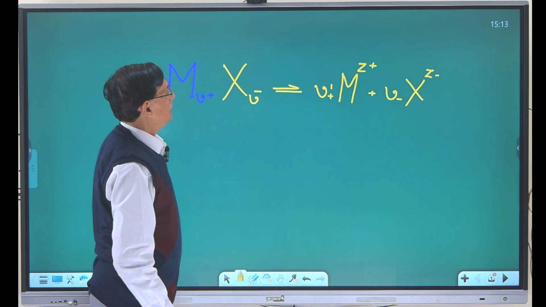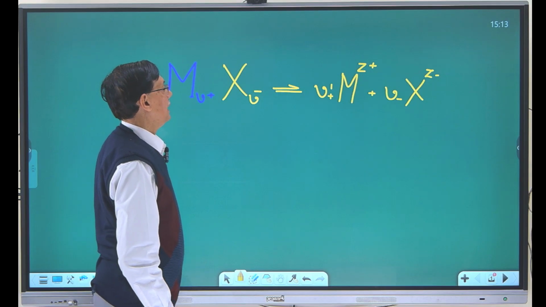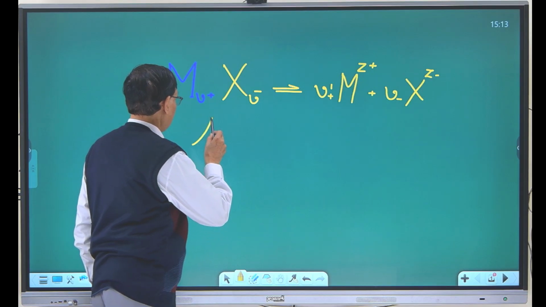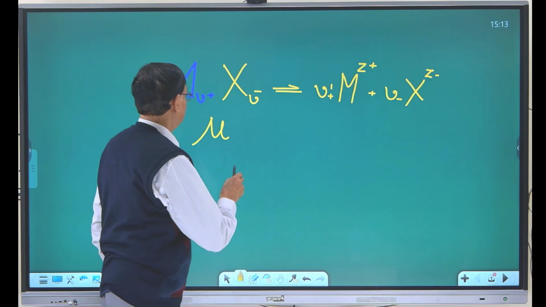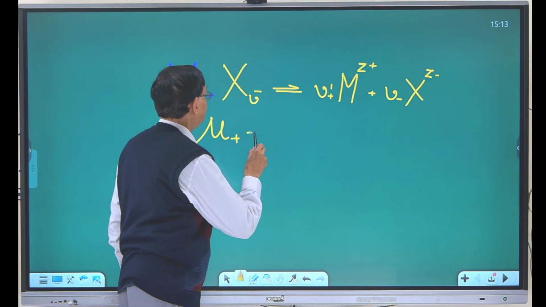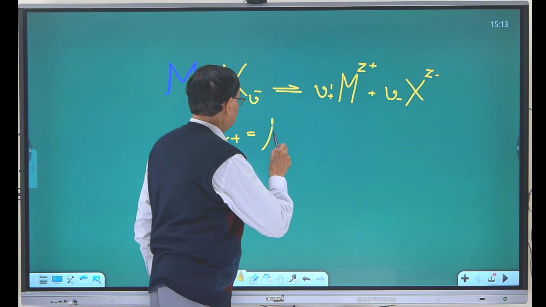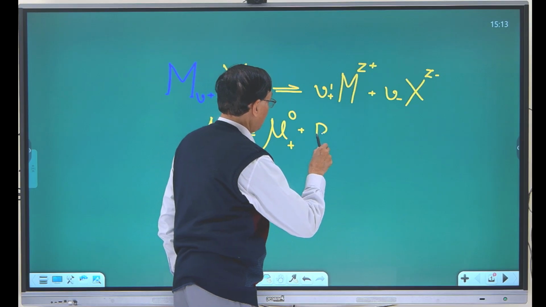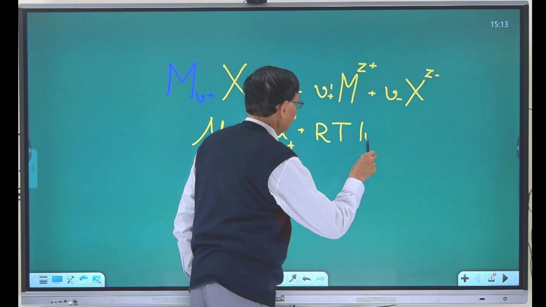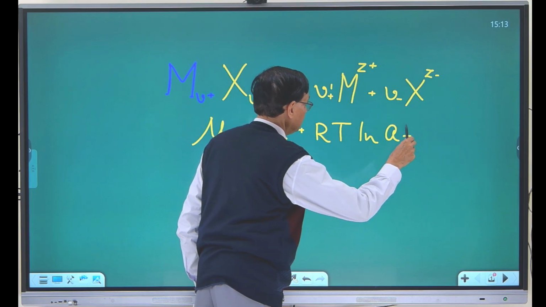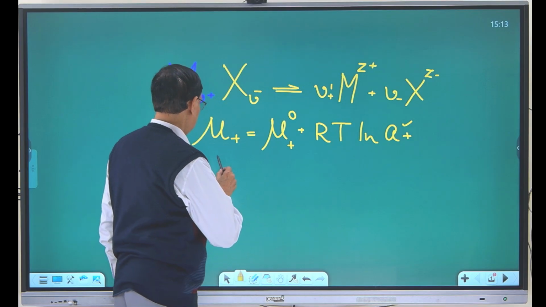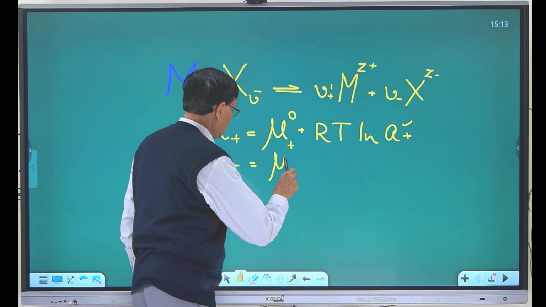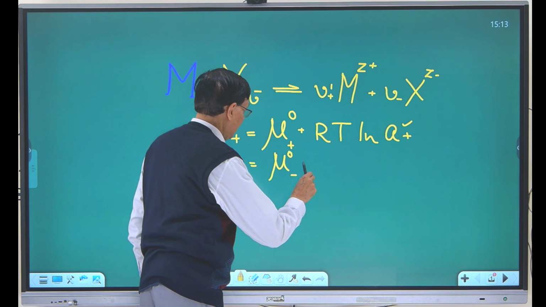So basically, if I want to calculate the activity, I have already given this, because there is a formula for the chemical potential. For the cation, I can write it like that: the standard state chemical potential plus RT, a very well known formula. Similarly, the chemical potential of the anion.